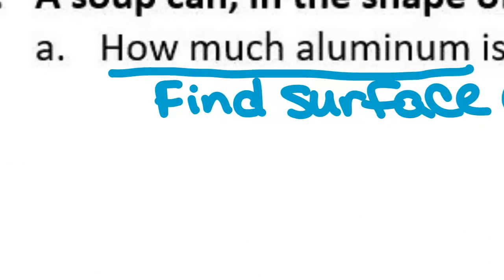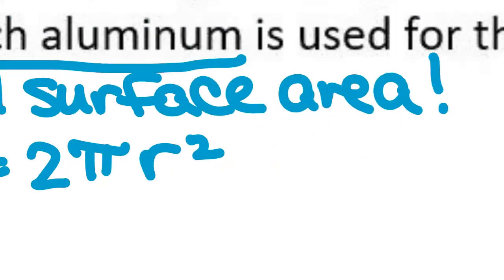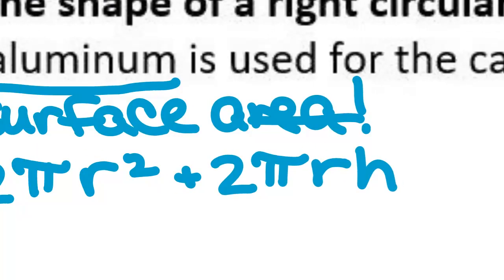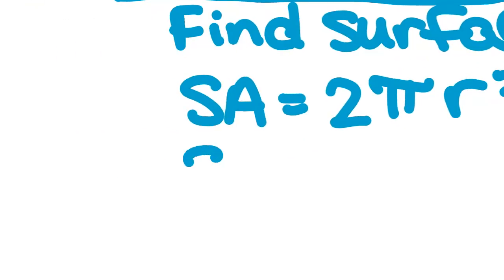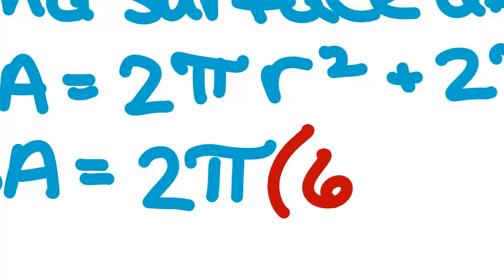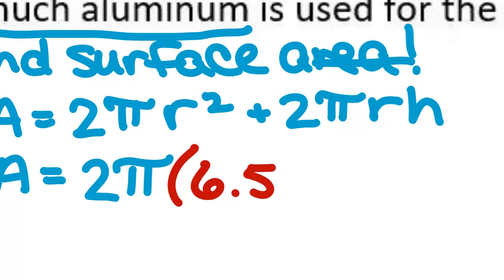So surface area is equal to 2 pi r squared plus 2 pi r h. So let's substitute in what we've got. We have 2 pi times, what's our radius again? 6.5. So we're going to take that 6.5 and square it.